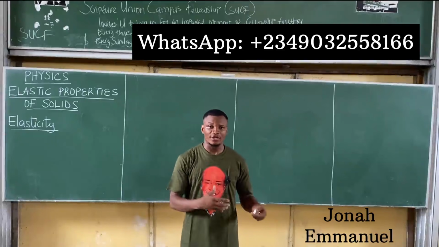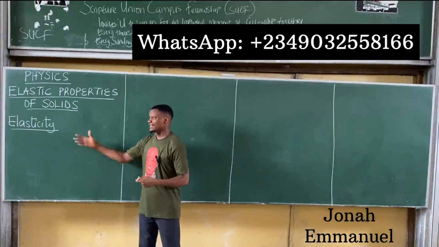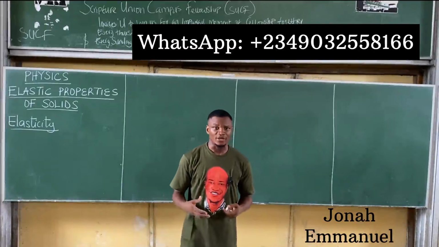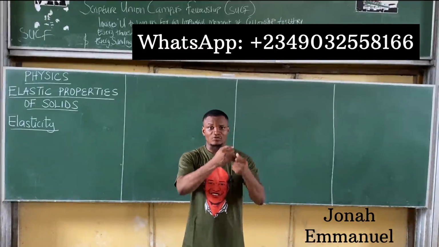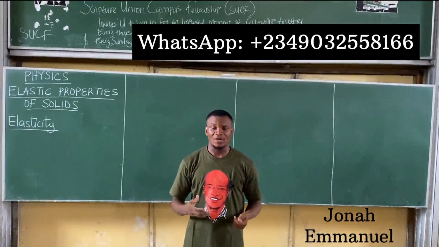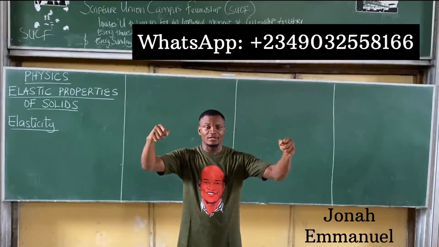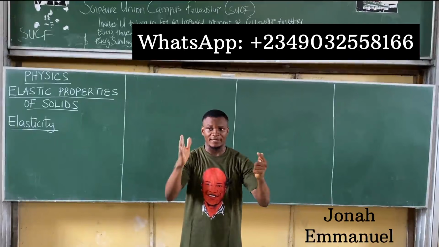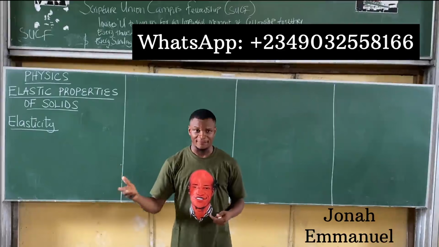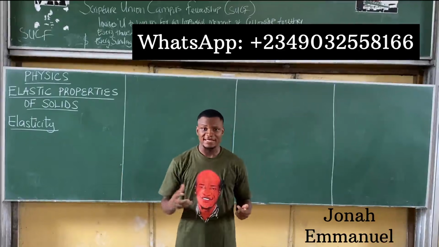So a solid that can undergo elasticity, or that has elastic properties, is said to be an elastic solid. Examples include plastic. If I compress a plastic solid, most likely it will come back. Also, we have a spring. If I pull a spring, most likely it will come back, provided it has not exceeded the elastic limit, which we'll discuss much more later. So springs and plastics are said to have elastic properties.